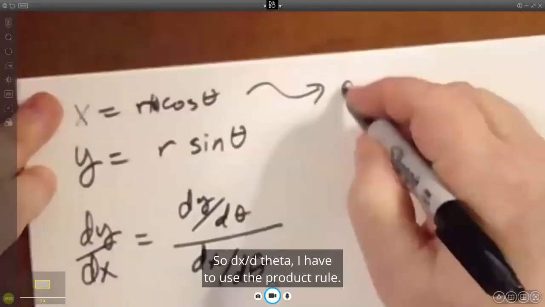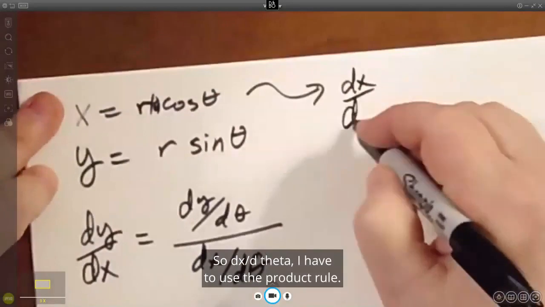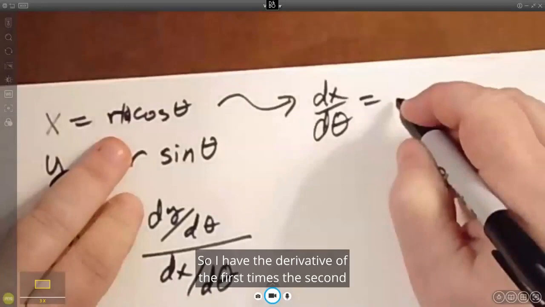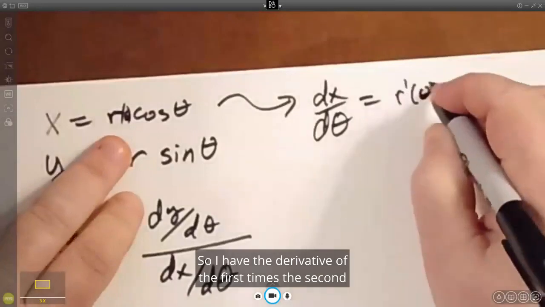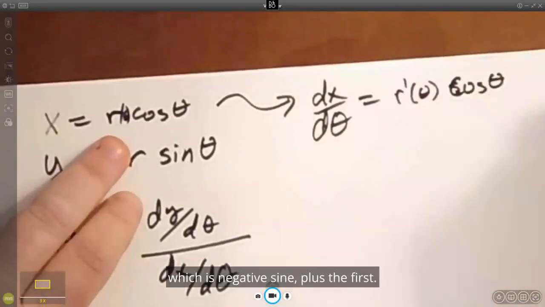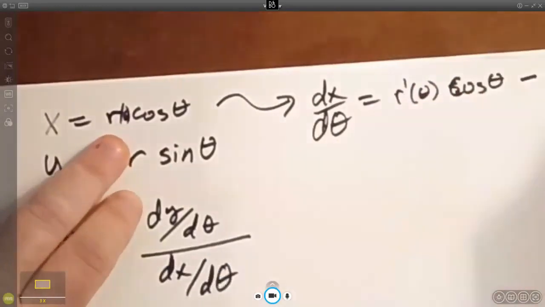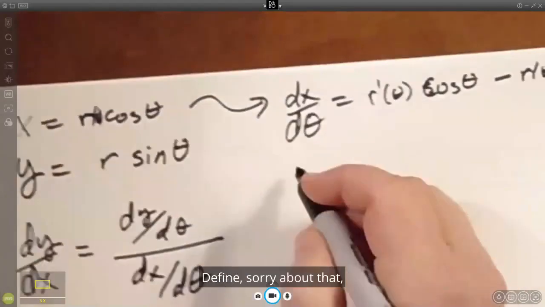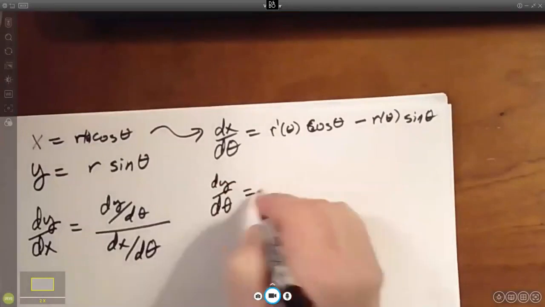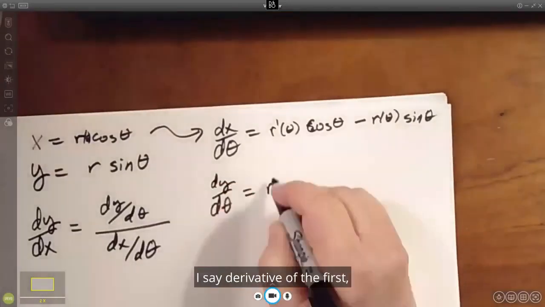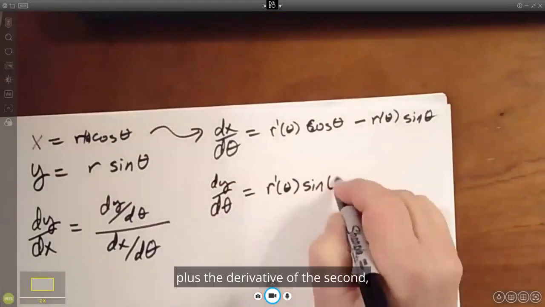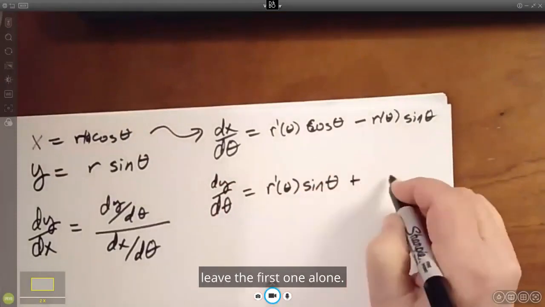So for dx/d theta, I have to use the product rule. I have the derivative of the first times the second, plus the derivative of the second, which is negative sine, plus the first. To find dy/d theta, I say derivative of the first, leave the second alone, plus the derivative of the second, leave the first one alone.